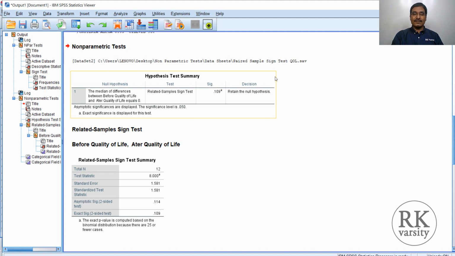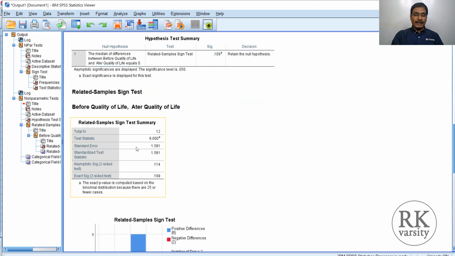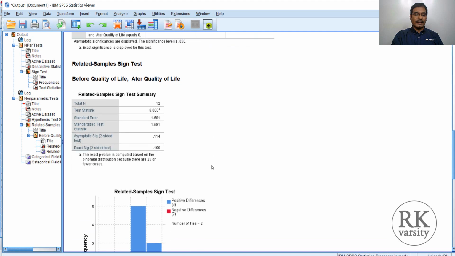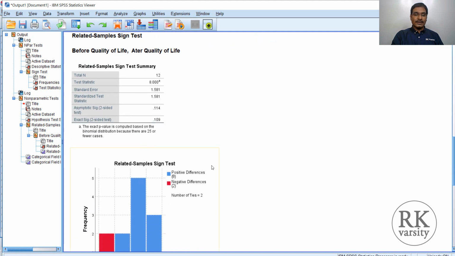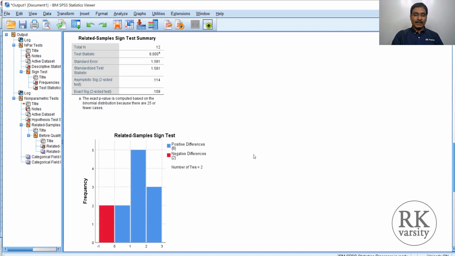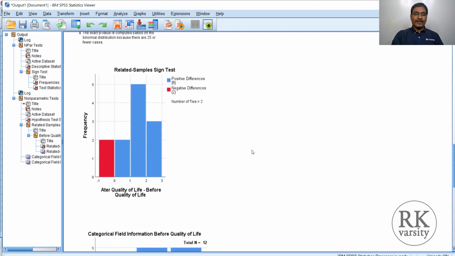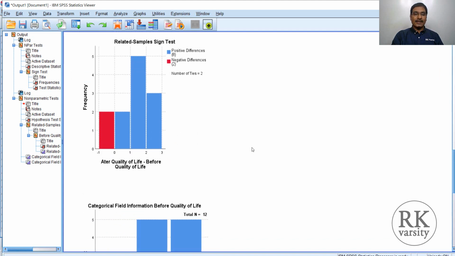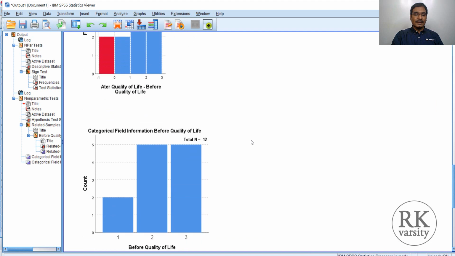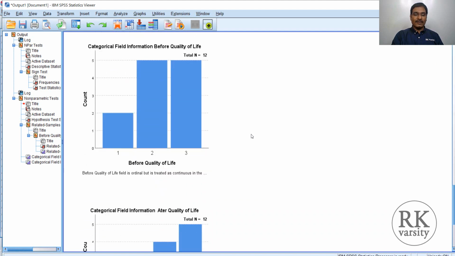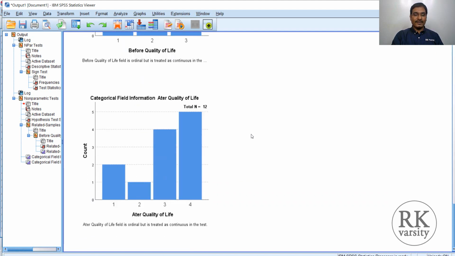This is the decision you have to make. Here are the values of before quality of life and after quality of life. Total respondents are 12, with the test statistic and standard error, then the two-tailed significance value and exact significance value. You can see the related samples frequency distribution charts, the before quality of life histogram and the after quality of life histogram.